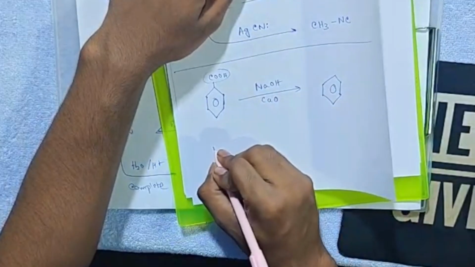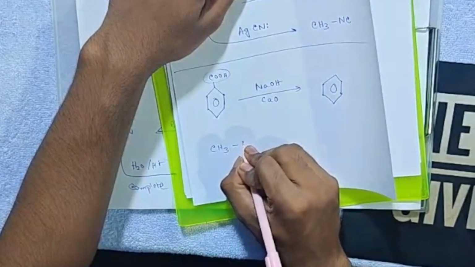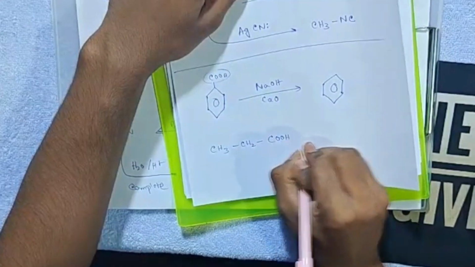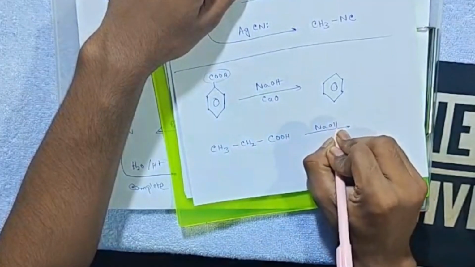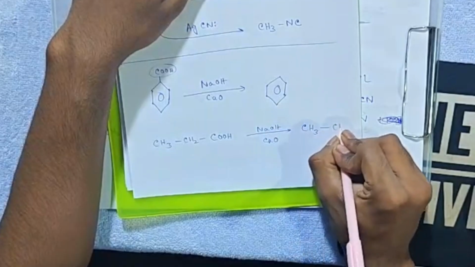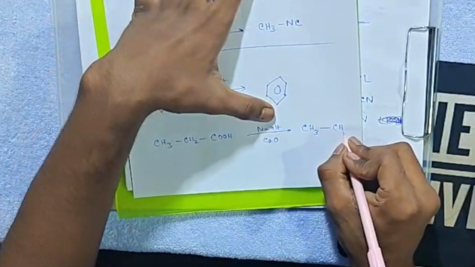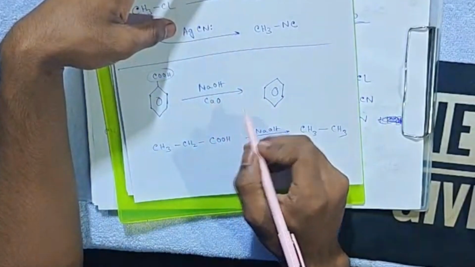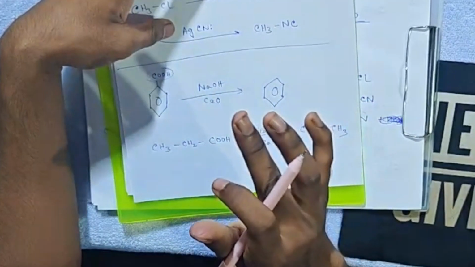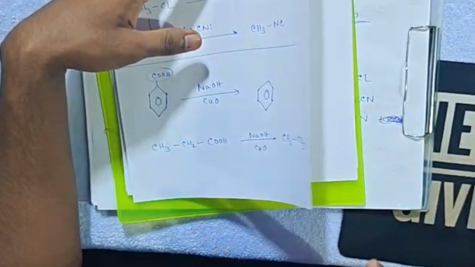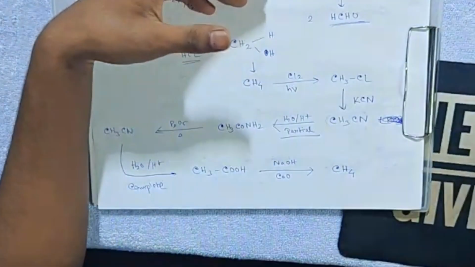If CH3CH2COOH is there, and you are giving NaOH, CaO, simply in place of COOH one H will come and it will be CH3CH3. So simply if NaOH is there, remove the carboxylic acid group and attach one H. Remember this? Okay.